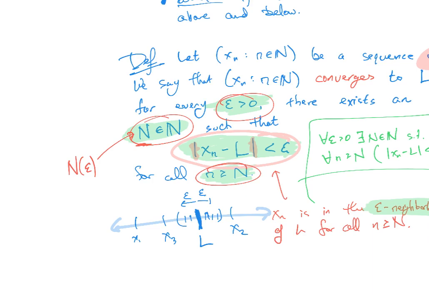So it's not like there's a correct answer for capital N. And indeed, when you're proving limits, I would make no effort to find the best, quote unquote, capital N. I just find a capital N that works, and you're done.